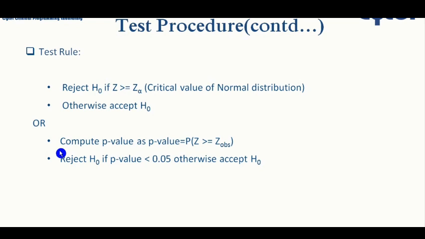This is true for any statistical test. So if the p-value is less than 0.05 or the alpha that you have chosen, then you are going to reject H0 and you are going to accept H1. So most of the times you are going to declare that the drug is effective. If it is greater than or equal to 0.05, then you are going to accept H0, or you will say that the difference is not significant. Difference between what?